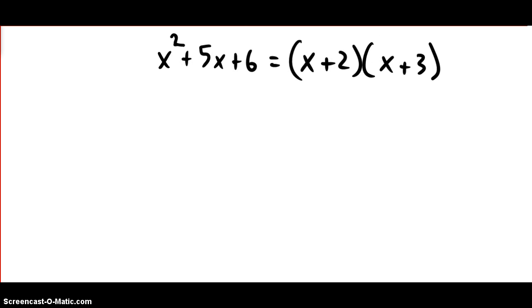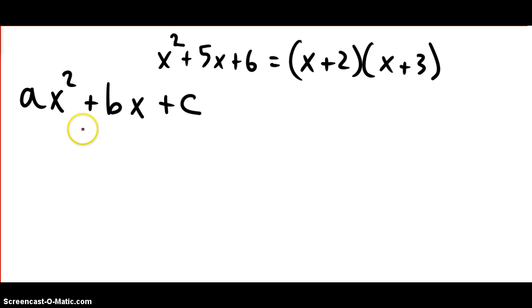So first, we need to think of this in terms of a general quadratic form. The general form is ax squared plus bx plus c. It's just this with variables in the front instead of numbers. And we need to define a, b, and c.